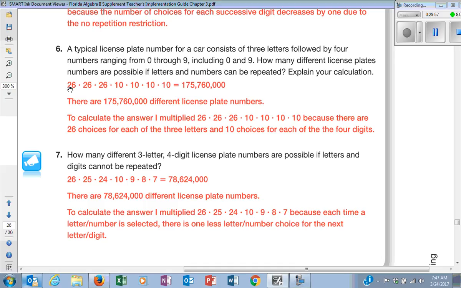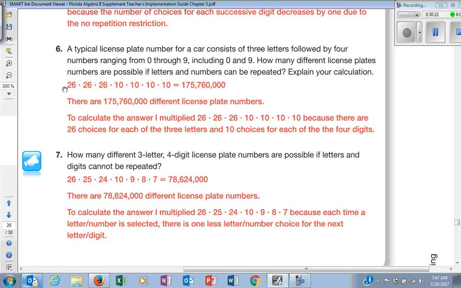How many digits from 0 to 9? So if I can have a letter or a number in this slot, how many options are there for me in this slot? You have to add them: how many letters are there, how many numbers are there.